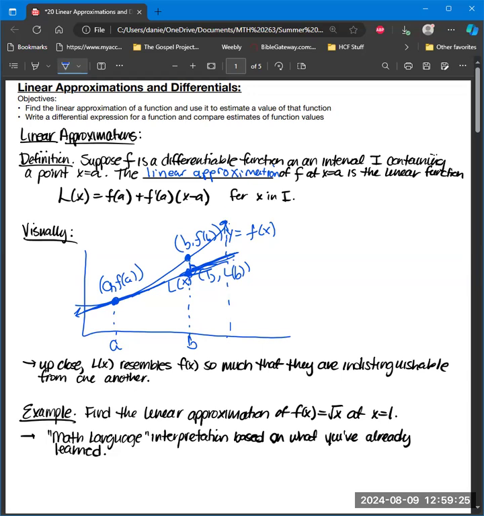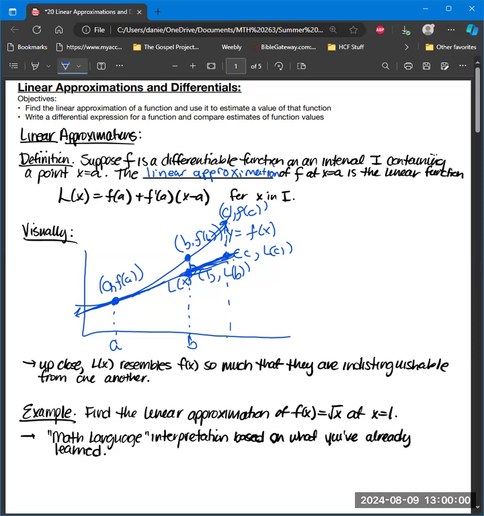If I were here at c, f of c, then c, L of c over here, I would probably say this is starting to get to the point where L doesn't really help me approximate what's going on at f anymore, because f has pulled away too far from L. So up close, L of x resembles f of x so much that they are indistinguishable from one another.